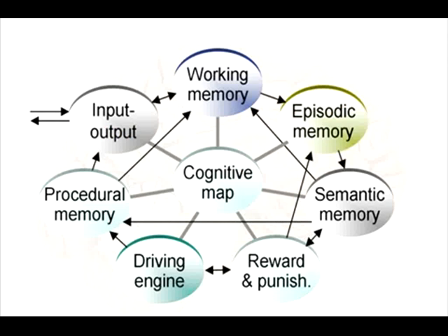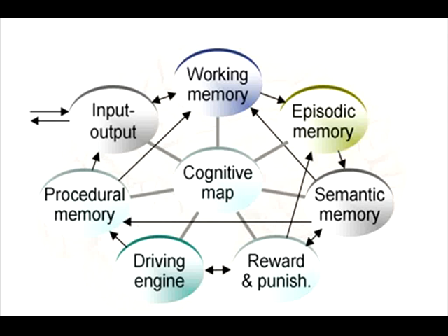So working memory is necessary for everything, in order for information to be stored in long-term memory, episodic memory, semantic memory. I have to have working memory to be able to do certain tasks, like even reward and punishment. They're all connected to working memory, that cause and consequence.